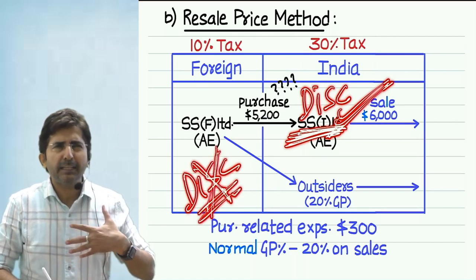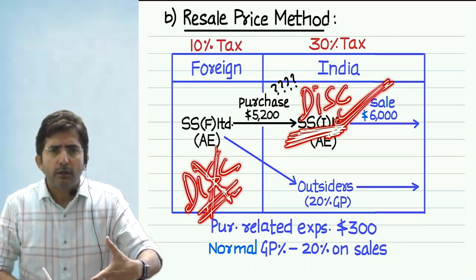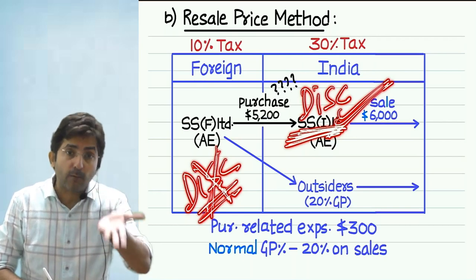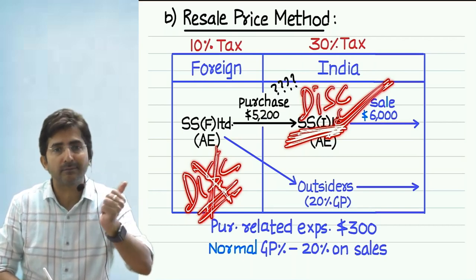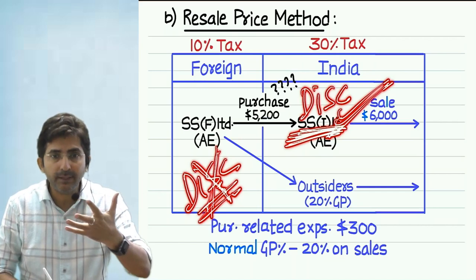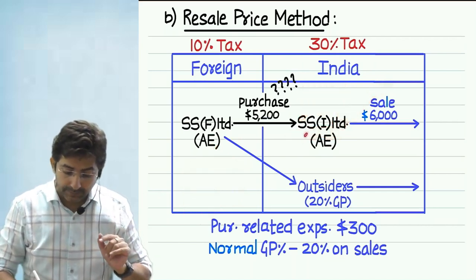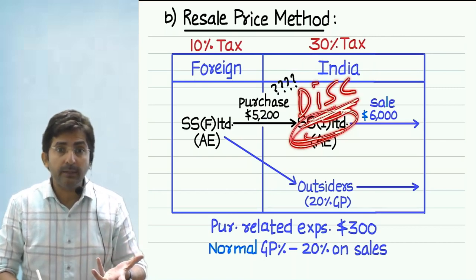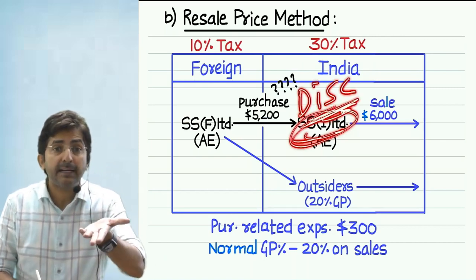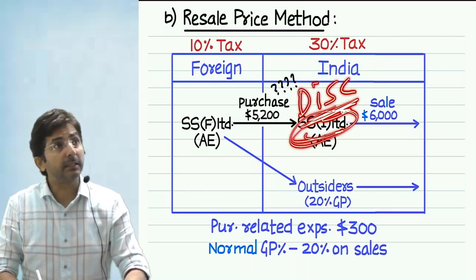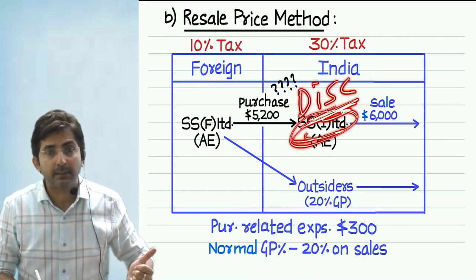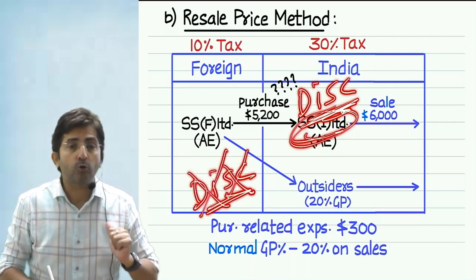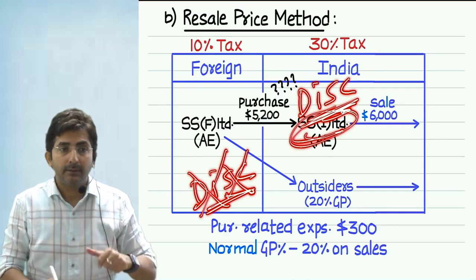Imagine this, we came to know in detailed scrutiny that Samsung India had got a discount. In spite of the discount, their price looks higher. Feel how funny it is. Although Samsung India got a discount, so the discounted price should be less. In spite of getting the discount, they are still showing 5,200 as the purchase price. And this privilege of discount was not availed by outsiders. So how to reconcile? See, with my hand technique.